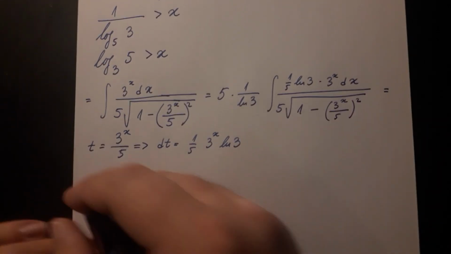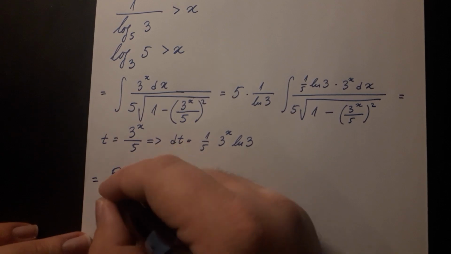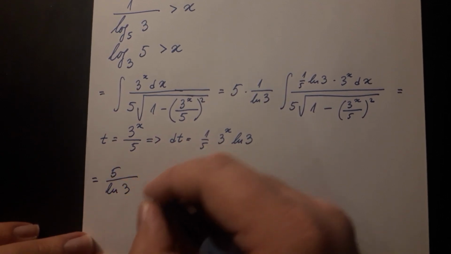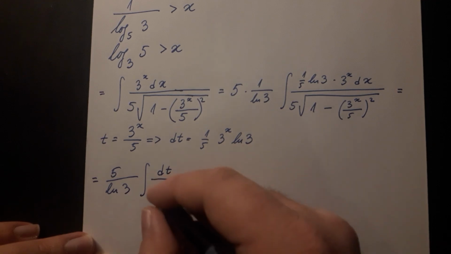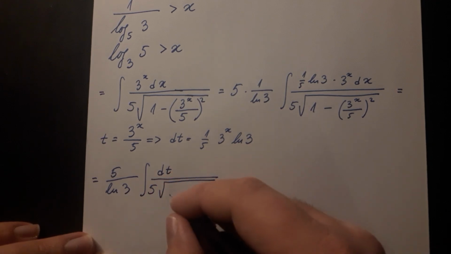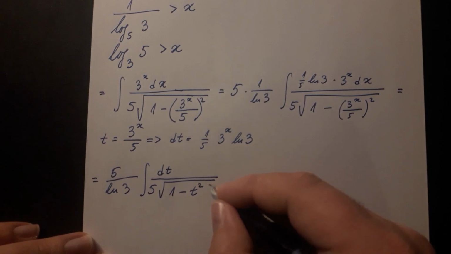This is then equal to 5 divided by ln of 3, an integral of dt divided by 5 square root of 1 minus t squared.